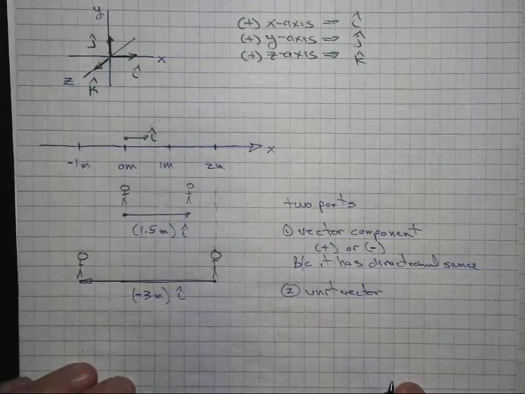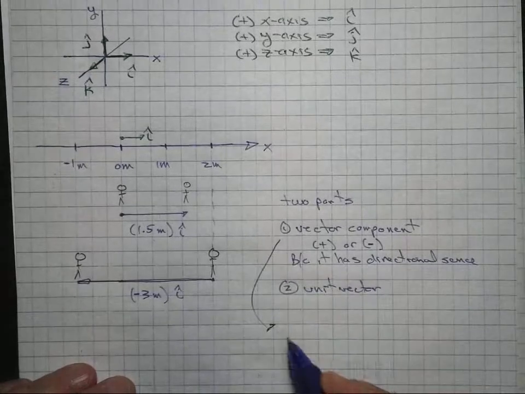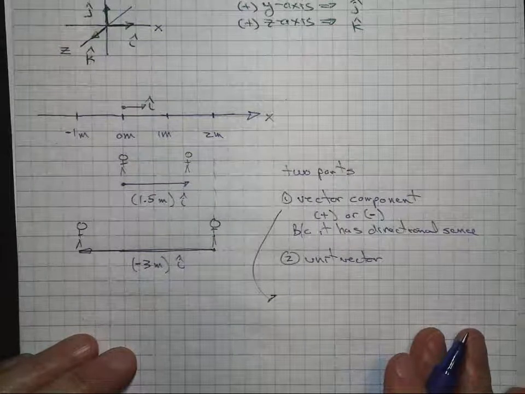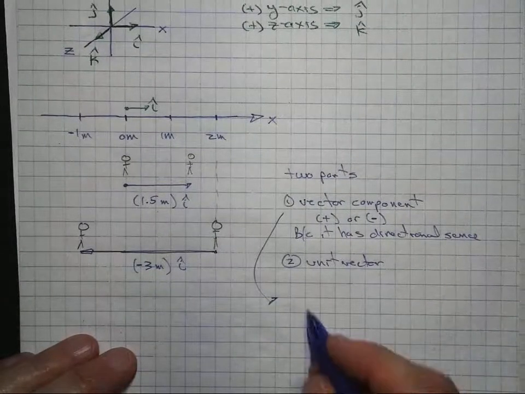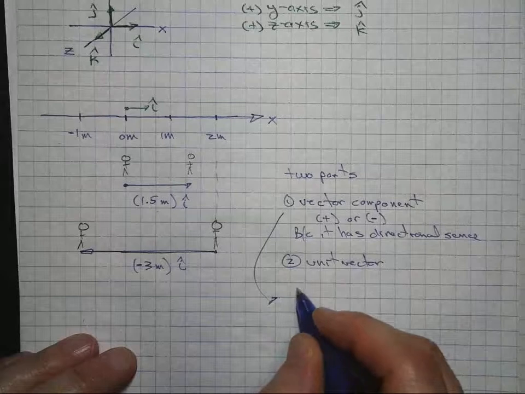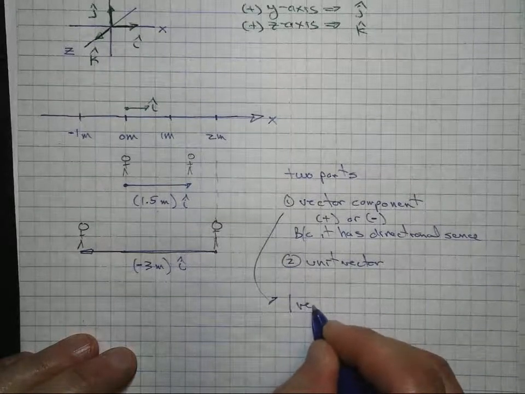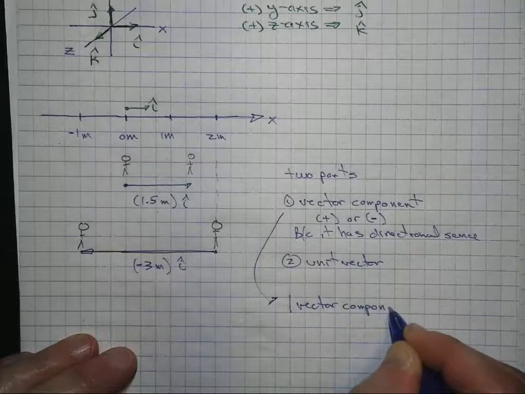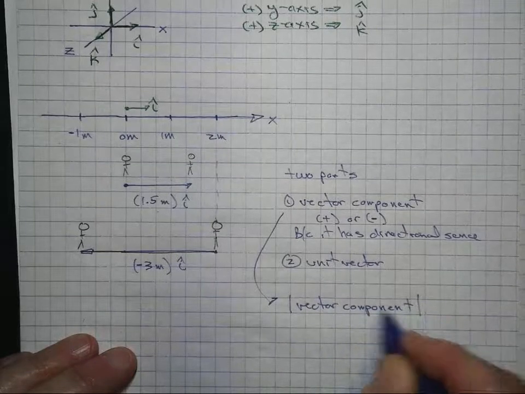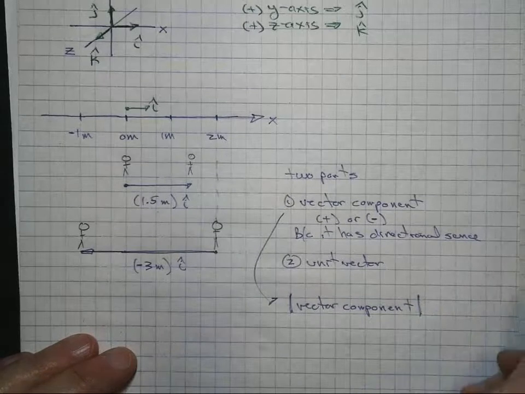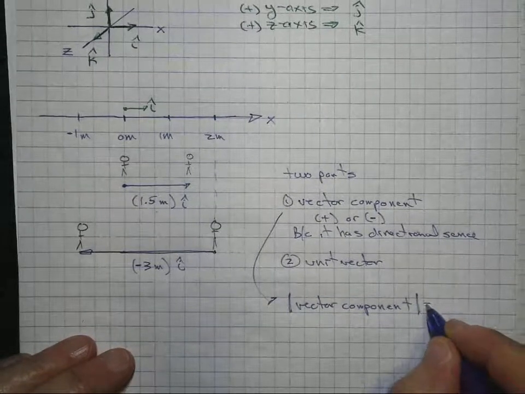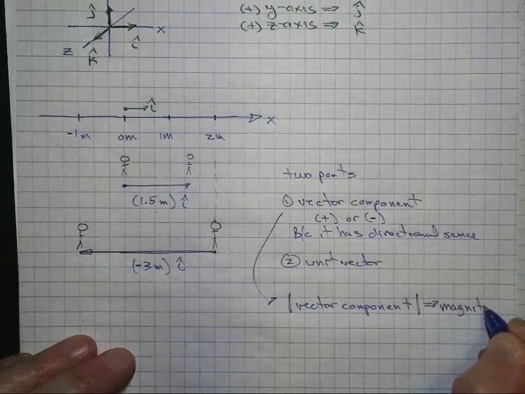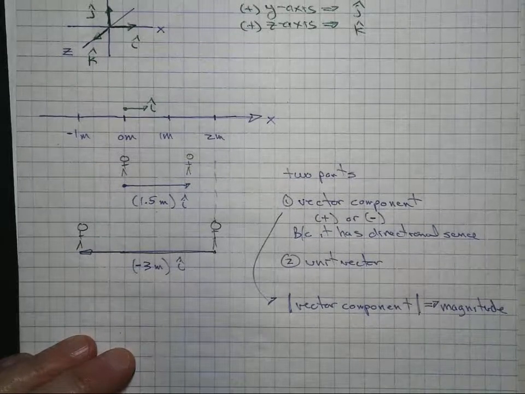Now, if we take this vector component, everybody, and if we take what's called the absolute value, we write it like this: the absolute value of the vector component, which means we basically drop the sign, and what that leaves us with is basically the magnitude. And that's a fancy word that means the size or the amount. Okay?